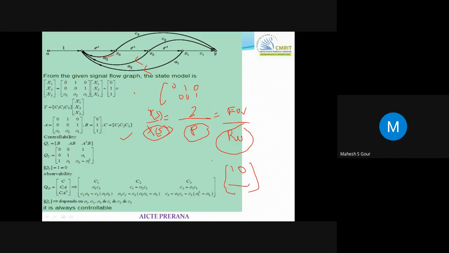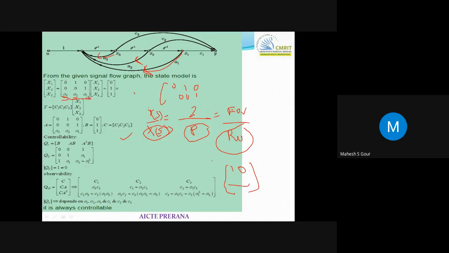If it is 3 cross 3, it will be 0, 1, 0, 0, 0, 1 and here you will be having your numbers or your alphabets. So these are some standards.